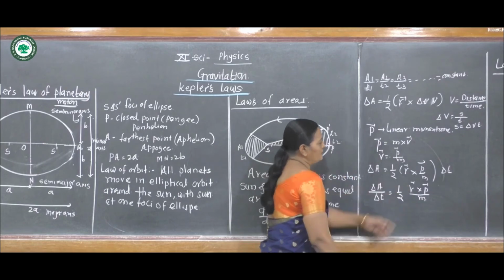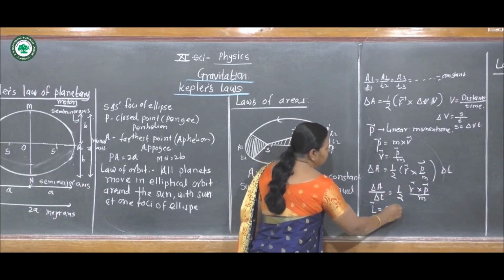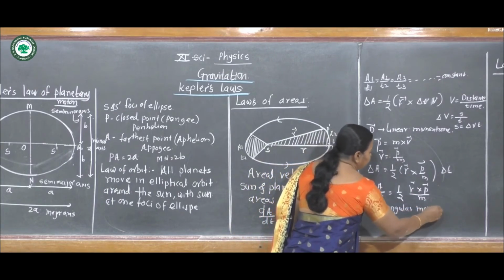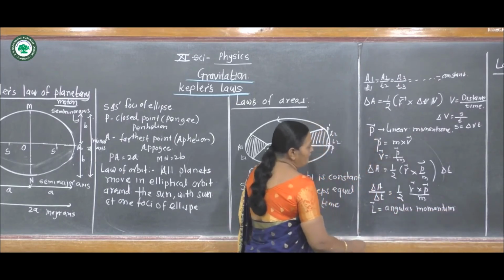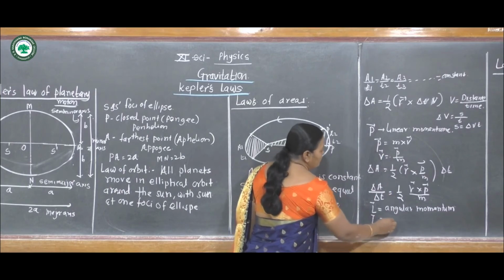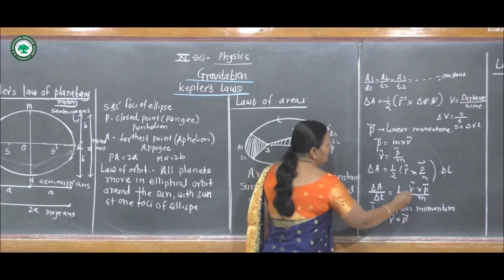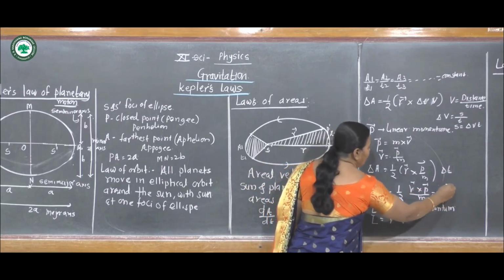Now in this case we know L is angular momentum. The angular momentum L is equal to r cross P. Then we substitute the value of r cross P, it is 1/2 L divided by m.